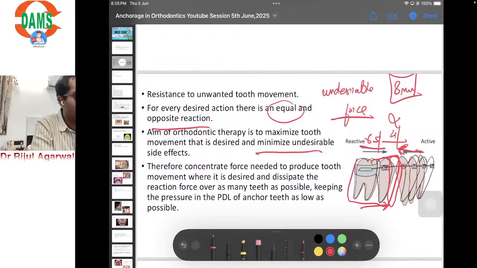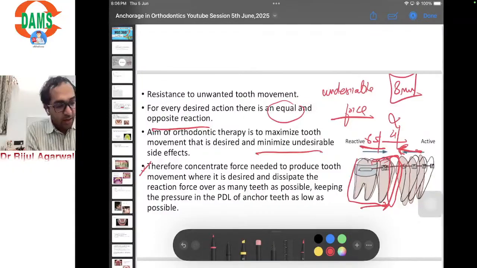Therefore, anchorage preservation, the topic we are going to discuss today, is to concentrate the forces needed to produce tooth movement where it is desired and dissipate the reaction forces over as many teeth as possible, so as to keep the pressure in the PDL of the anchored teeth as low as possible.